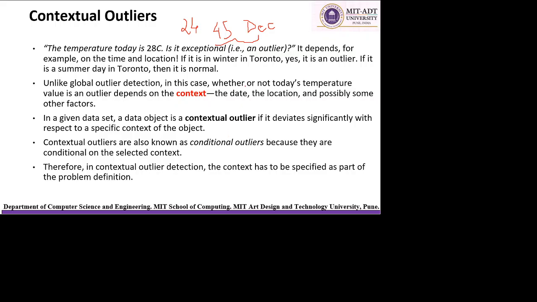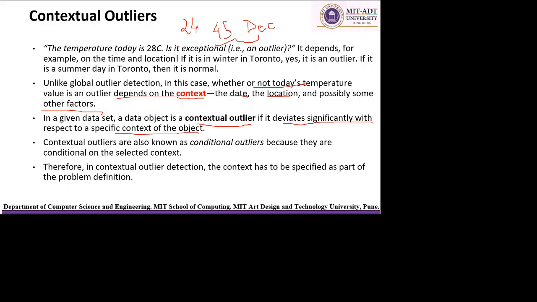So whether or not today's temperature value is an outlier depends on the context, the date, the location, and possibly some other factors. Based upon the context, we may have different situations and it may be considered as an outlier. A data object is a contextual outlier if it deviates significantly with respect to the specific context of the object.